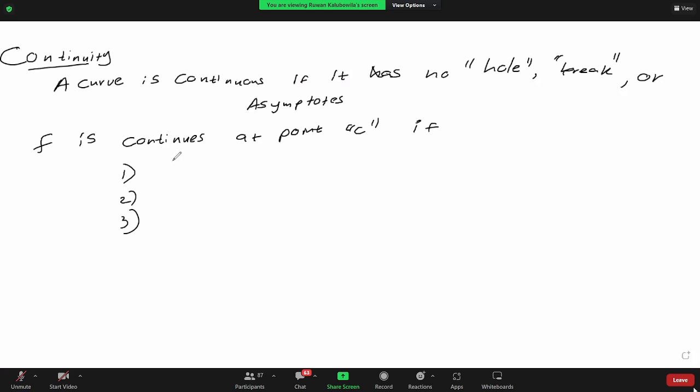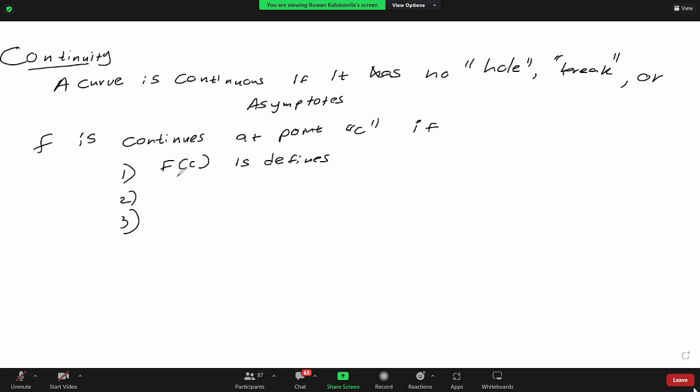First one is f(c) is defined. That means at the given value of the point c, the function should have a y value. That means the function is defined.